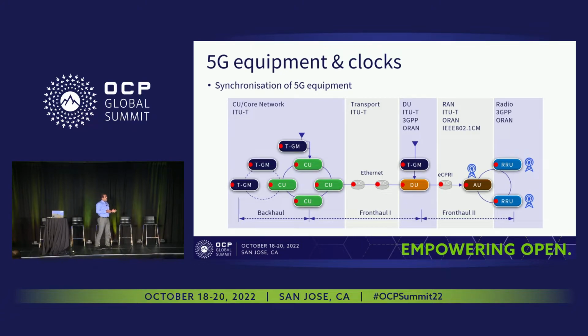But most of them can come back to two standard bodies. One is the 3GPP and the second one is the ITU-T. So today's presentation is mostly focusing on what oscillator we can use so that the compute or the switching portion in a data center can address the telecom requirements of the world, basically the ITU-T part.